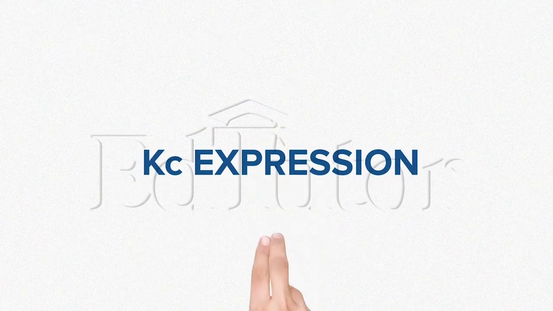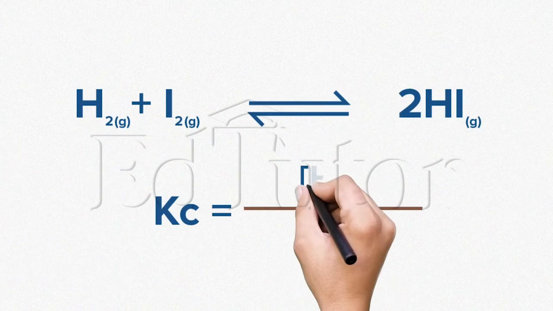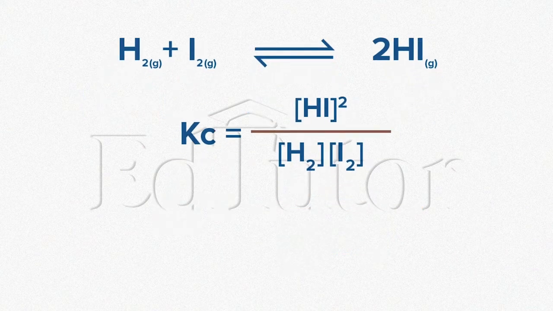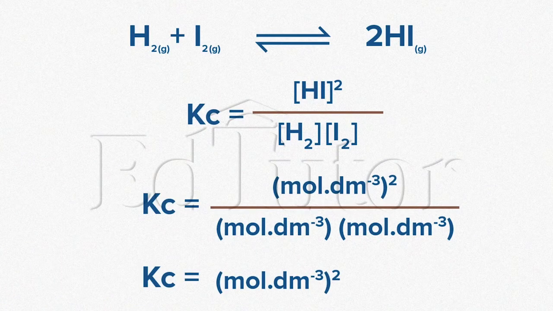To verify, let's first write the Kc expression. As we can observe, Kc is equal to the square of the concentration of hydrogen iodide divided by the product of the concentrations of hydrogen and iodine. Give it a try. It's simple. Now, replace the concentration by mole per decimeter cube.